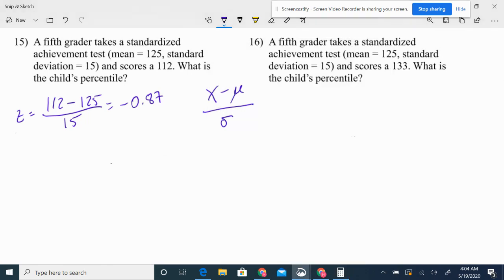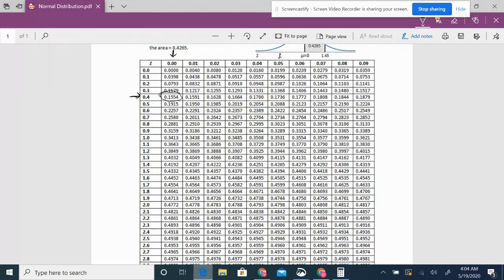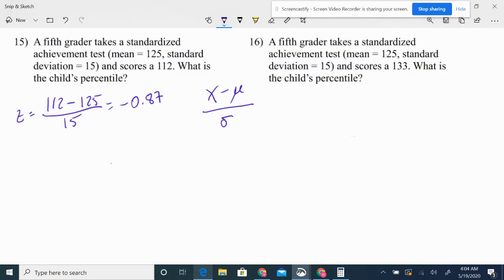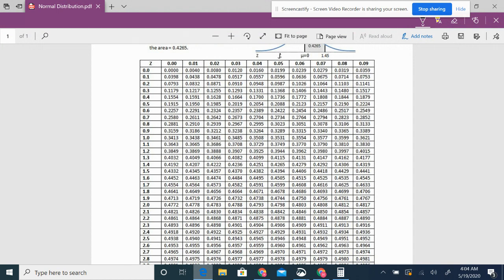So let me get my z-score and my table. Remember, my z-score was 0.87. So 0.8 is right here. Remember, my table on the left gives me up to my first decimal place.